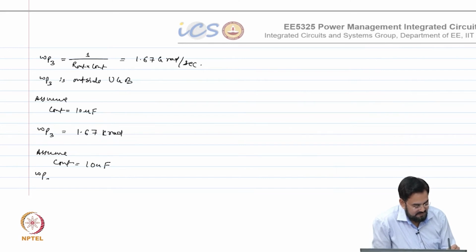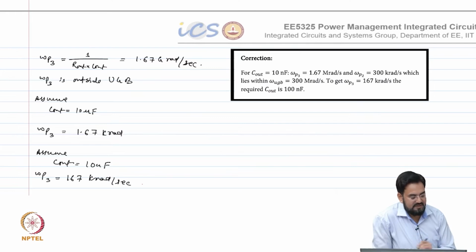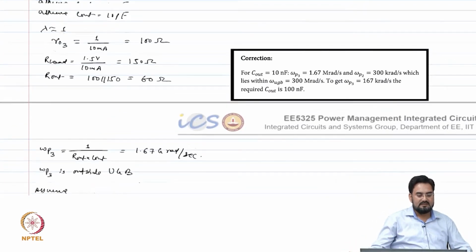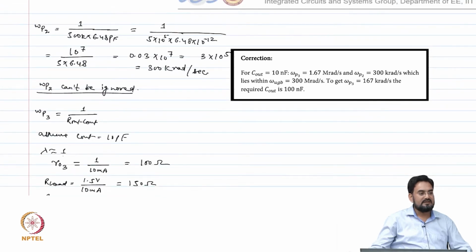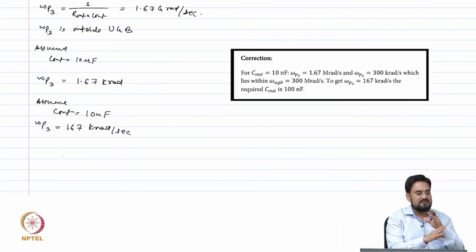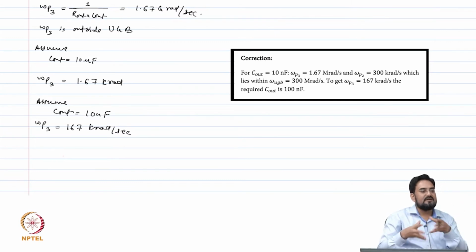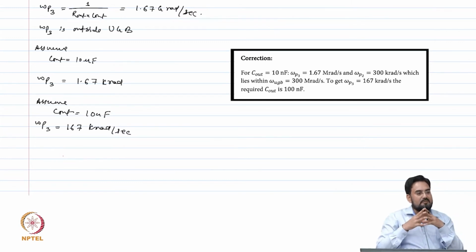Omega P3 will be 1000 times this, 167 kiloradian. And where was your omega P2? 300 kiloradian. So now both are pretty close to each other. Now you have a second order system which needs to be compensated. So you need to consider the case of C out.